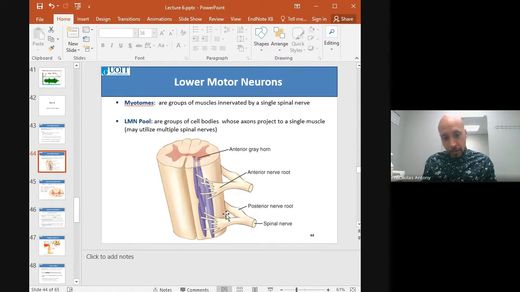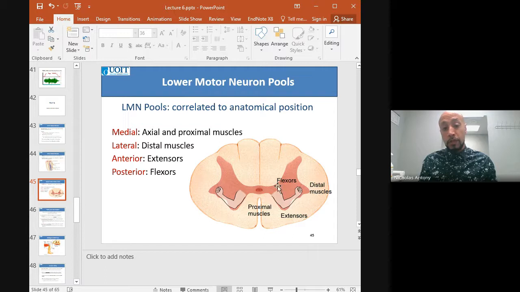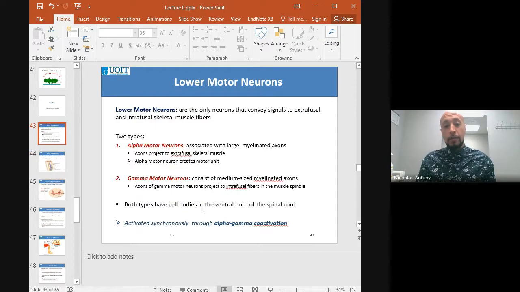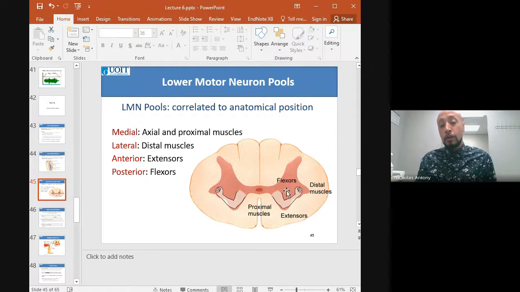And you can see on this diagram, look at this big muscle here. There are roots that go to two different spinal nerves. And then if you were going to look at this from the cross-section of the spinal cord, these are arranged from the top down based on location.